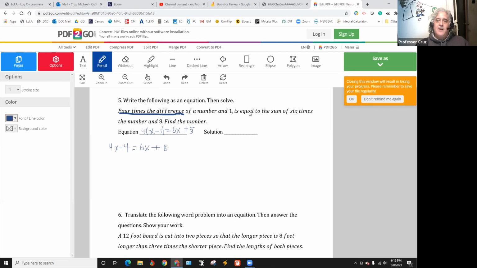If it had said here is equal to 4 times the sum of 6 times a number and 8, then yes. But there's nothing here indicating that you're multiplying the sum. This says 4 times the difference. And what is that difference? It's a number and 1. If it had said 4 times the sum of a number and 1, it would be x plus 1 times 4.